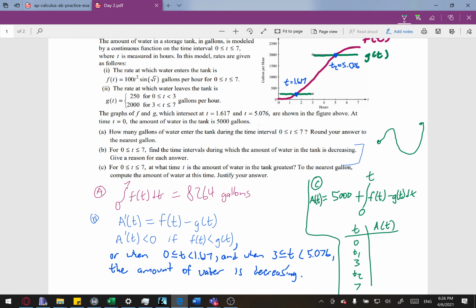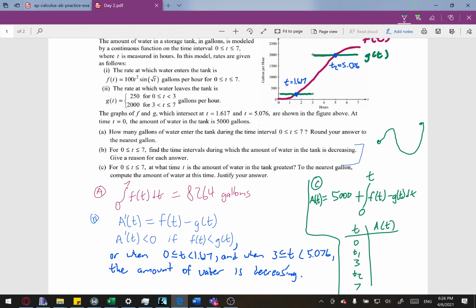Before t1, so before this point, is f(t) minus g(t) positive or negative? Sorry, your microphone broke up a little bit. Can you say that one more time? Negative. Okay, it will be negative. So I'm changing from negative to positive at t1. So t1 is a relative minimum, which means it cannot be the maximum.